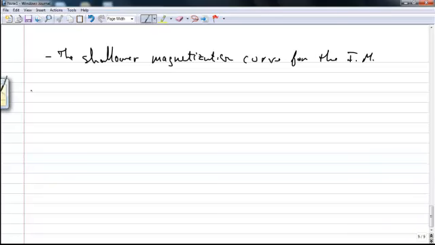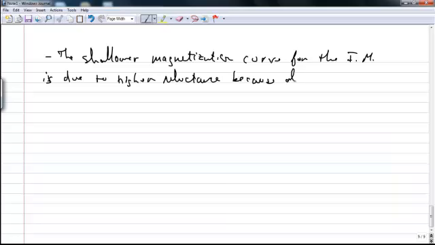The shallower magnetization curve for the induction motor is due to, let's say, a higher reluctance because of the air gap between stator and rotor.